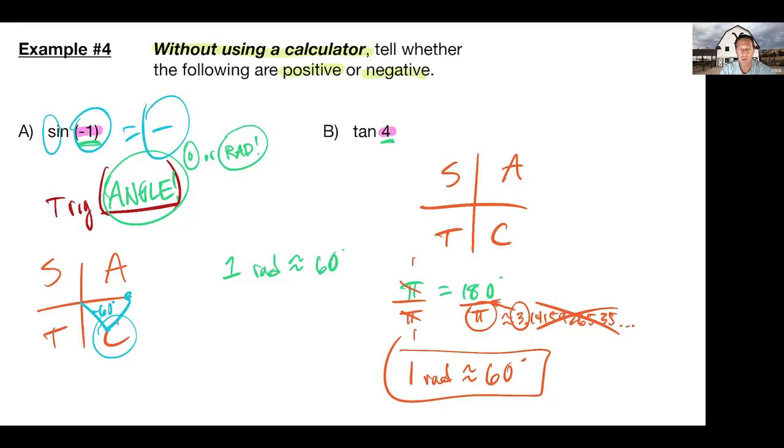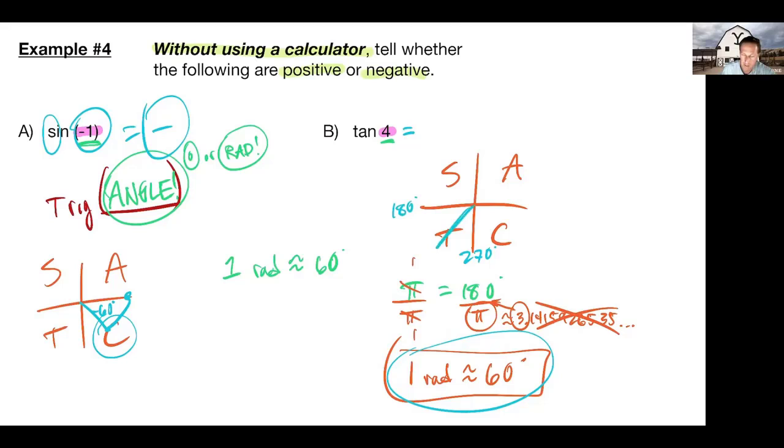So see if you can do part B real quick, just by pausing, thinking it through in your head. What angle measurement would that be about? And we know that 1 radian is equivalent to about 60, so 4 times 60 is about 240. So since that is 270 around, and this is 180, we know we're somewhere in here.